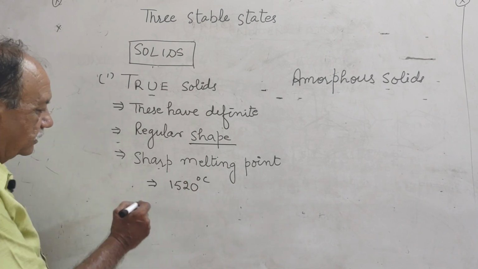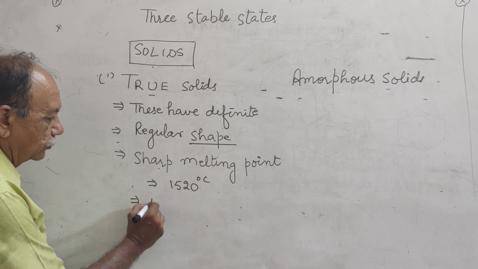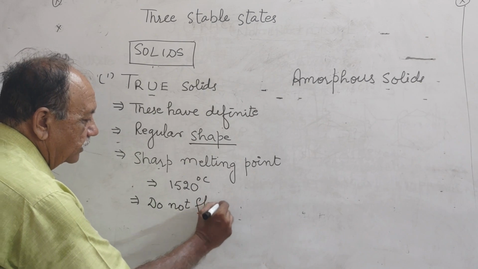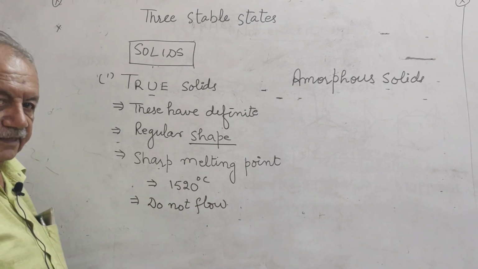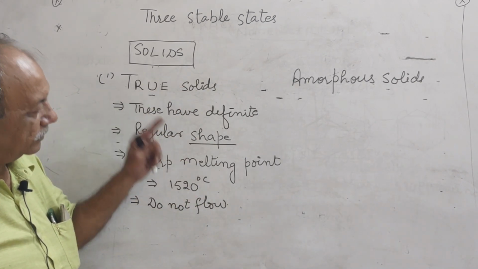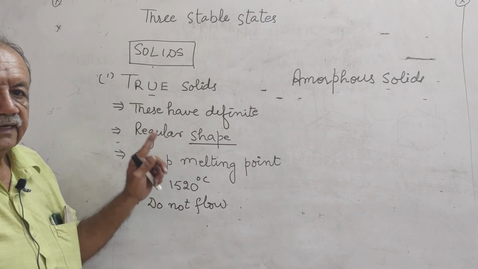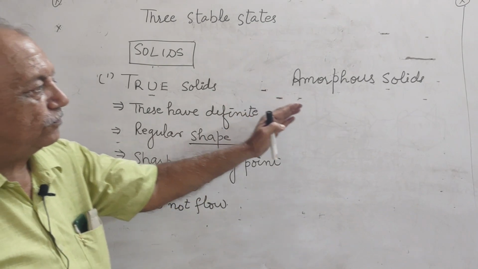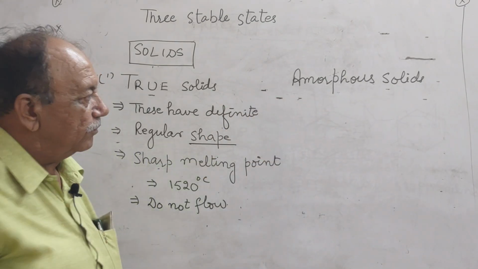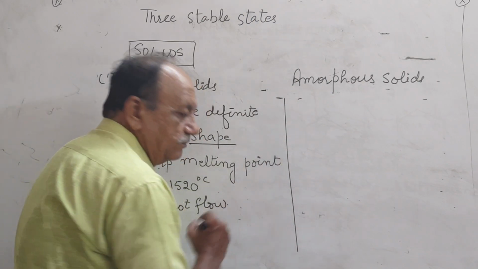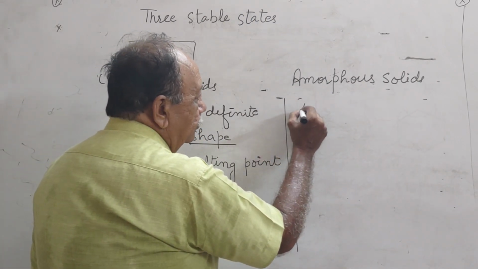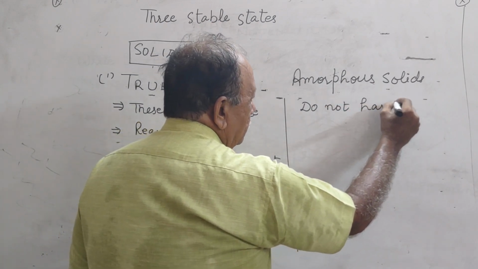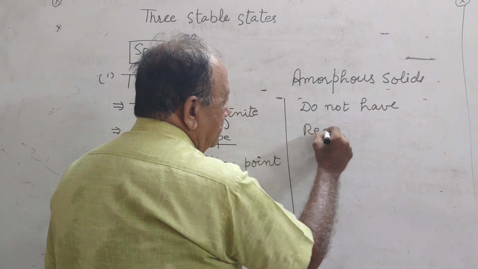True solids do not flow. These have sharp melting points, regular shapes. What are amorphous solids? Amorphous solids do not have a regular shape.